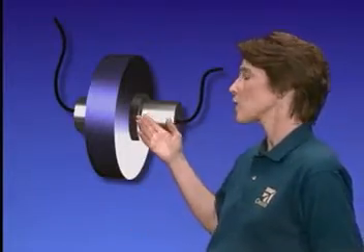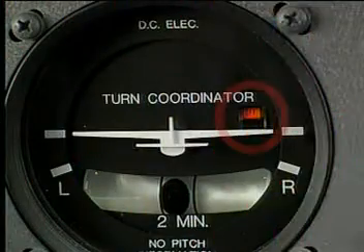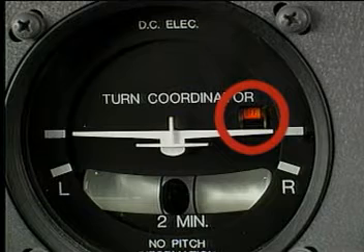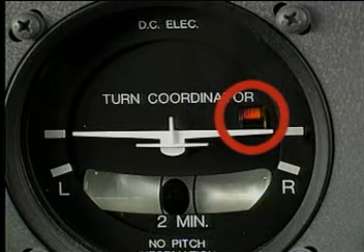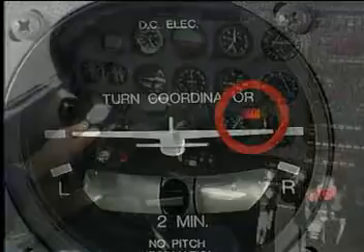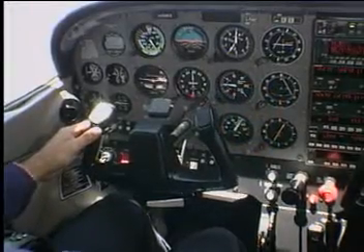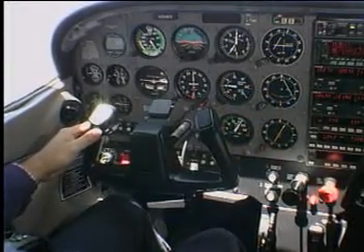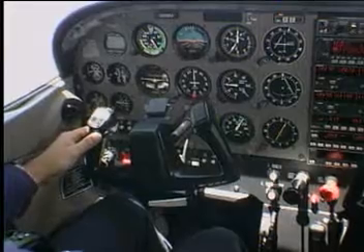The gyroscope in this case is the rotor of a small electric motor. If the entire electrical system were close to failure, volts would light up on the annunciator panel. However, if you notice a red failure flag on the instrument face, it would indicate a failure of the instrument itself. And now that you know how the gyro instruments are powered, you should be able to recognize potential problems and how to avoid them.